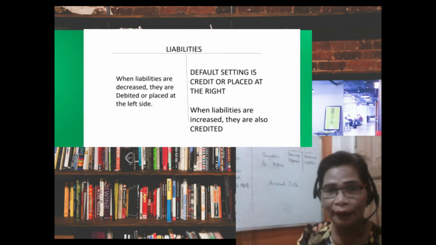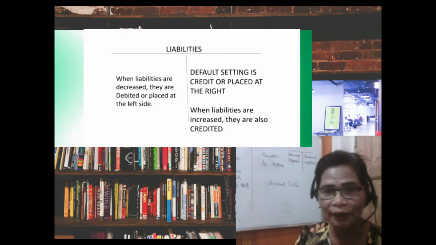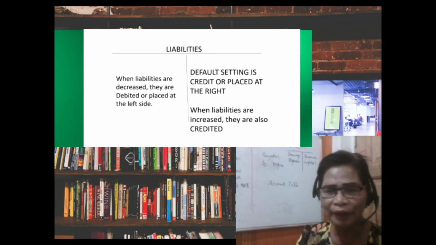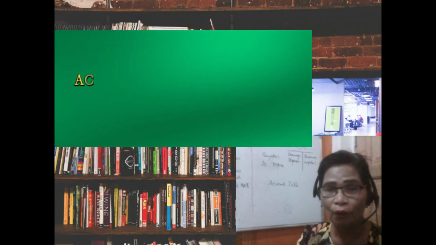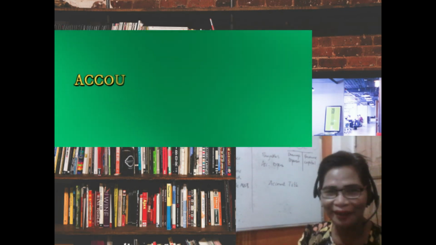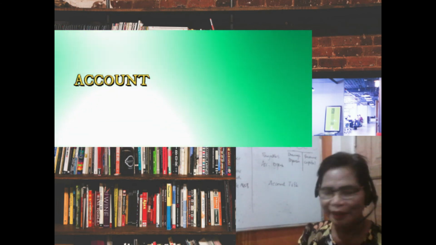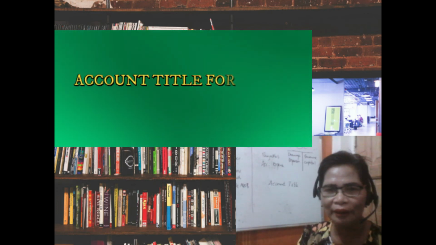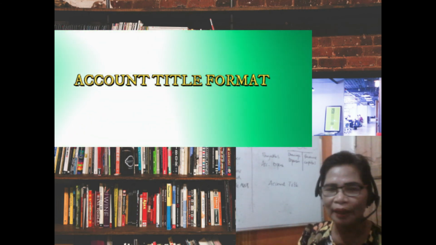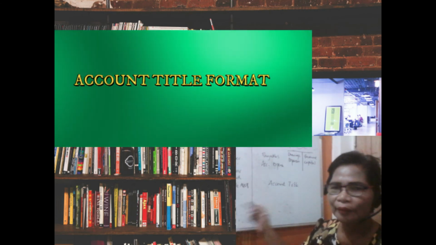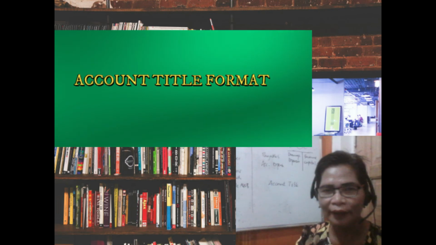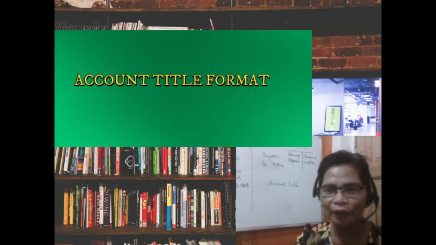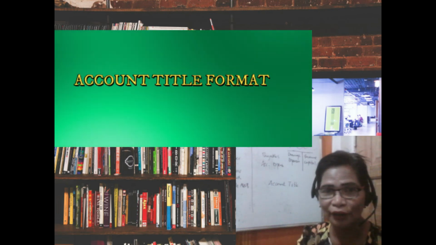Now for the account title, this is considered a very small reminder, but it costs a lot. Why? Because for 26 years, I have always observed that when somebody is a beginner in accounting, he or she is confused in deciding what account title to use in the transactions.